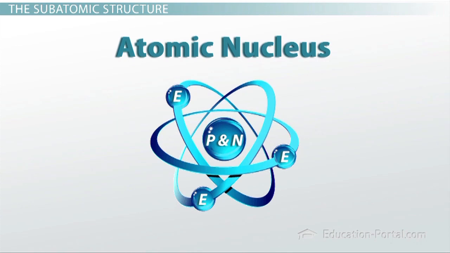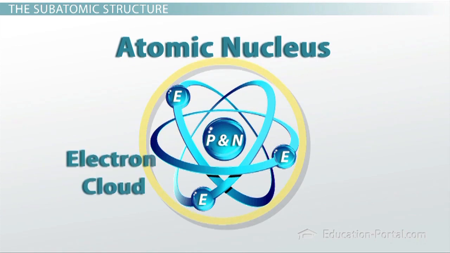And we call this space that the electrons occupy around the nucleus the electron cloud. We'll talk more about this electron cloud later, and we'll find out that while this is a nice way to conceptualize the relationship between the electrons and the atomic nucleus, this is a little bit of an oversimplification.